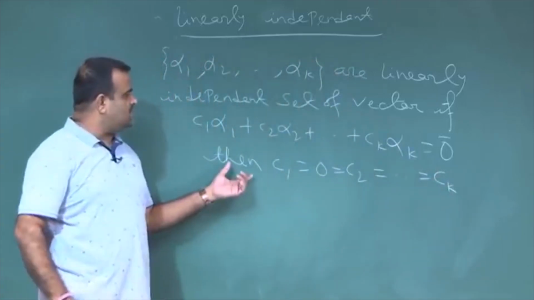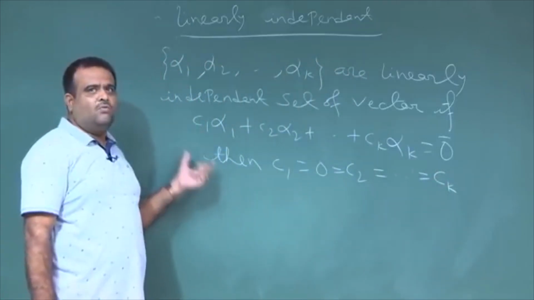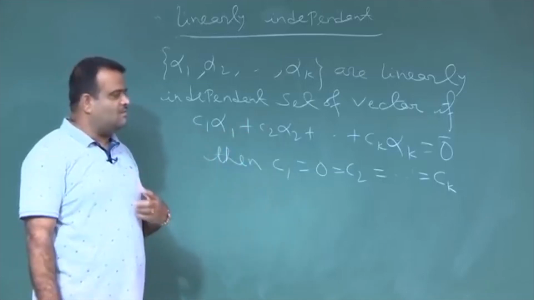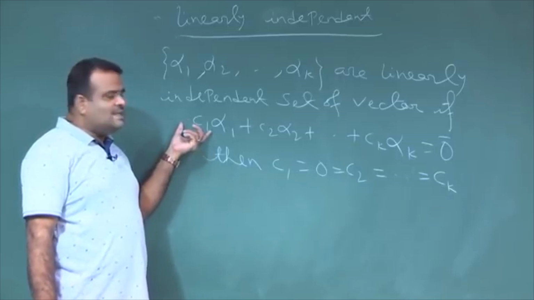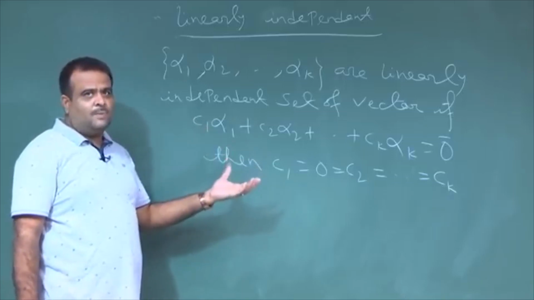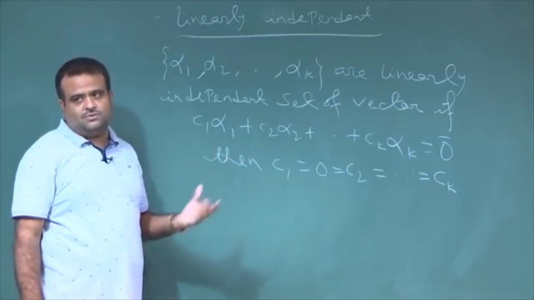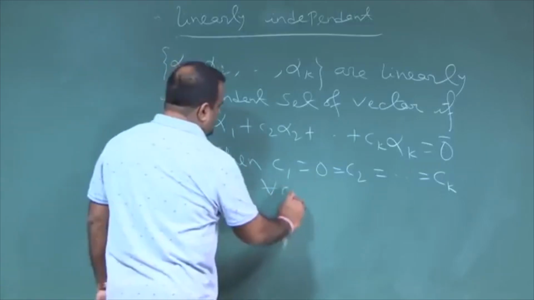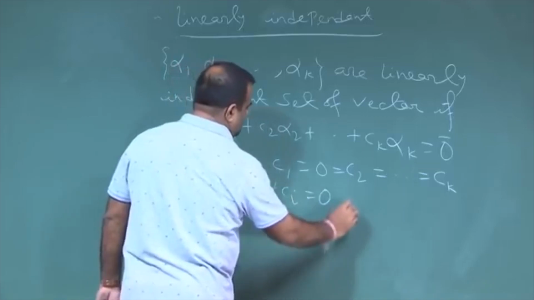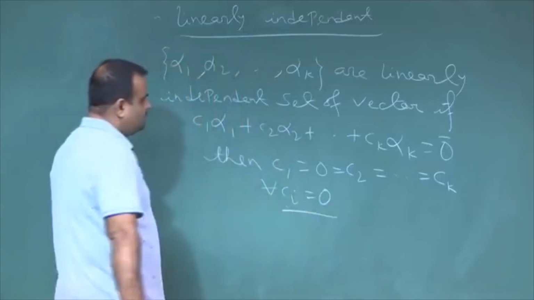So, there should not exist any non-zero c i for which this linear combination will give us a 0 vector. That means, if any linear combination is the 0 vector, then the coefficients, the scalars, must be 0. So, all c i's are basically the 0 scalar.